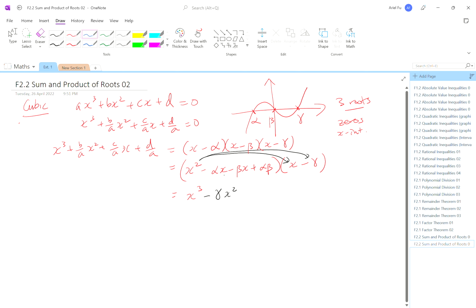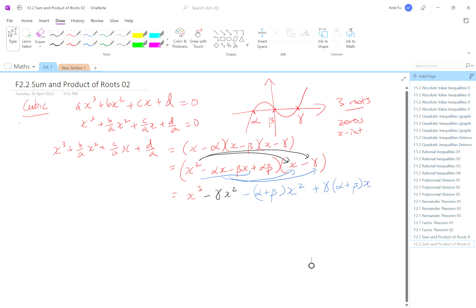And this times this gives me minus alpha plus beta, x squared.